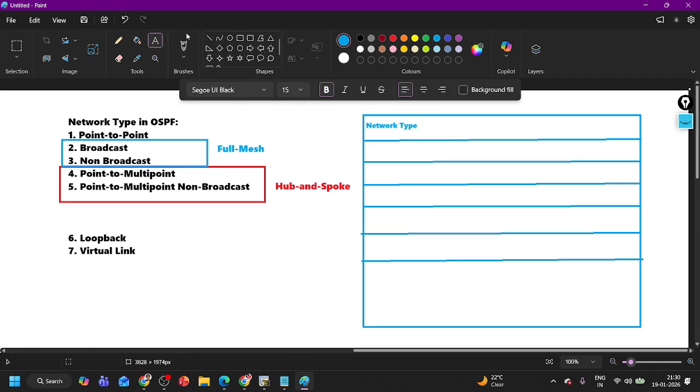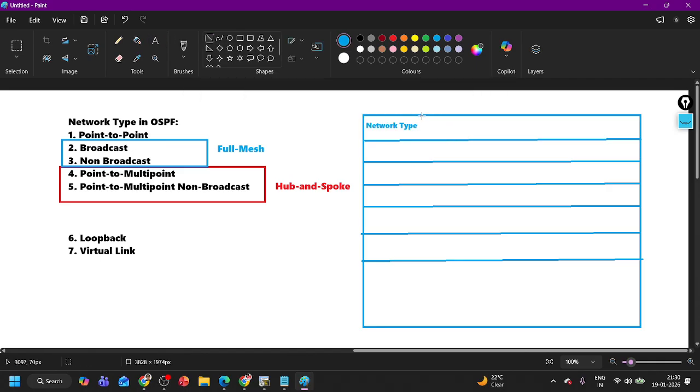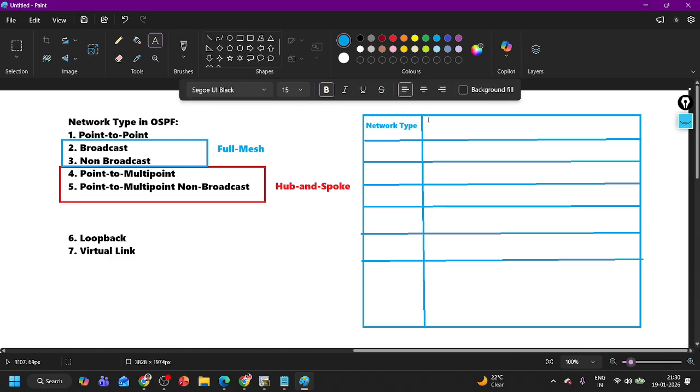After that, you can see hello time and dead time, because hello time and dead time also depend on network type. You can see DR and BDR, because DR and BDR also depend on network type.